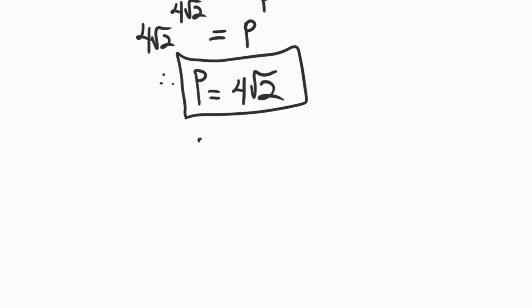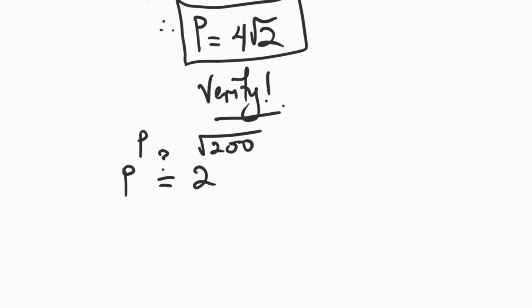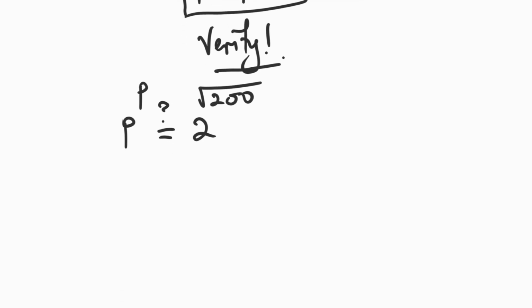But now we need to verify to confirm that our answer is correct. We have that p raised to the power p is equal to 2 raised to the power the root of 200. So p is 4 root 2, right?